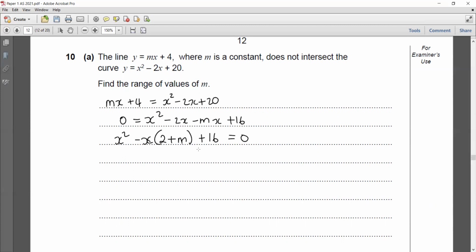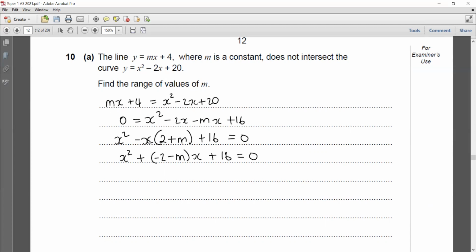So this is quadratic. I want it in standard form. So it's ax squared plus bx plus c. So I have x squared plus, this is negative 2 minus m, x plus 16 is equal to 0.